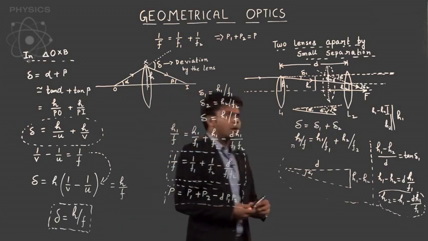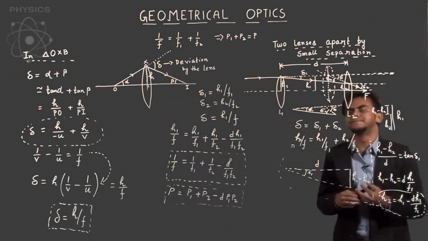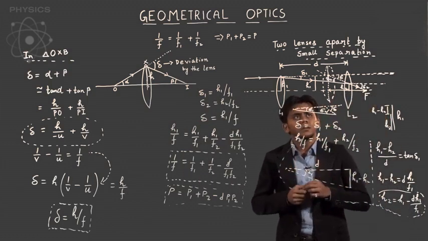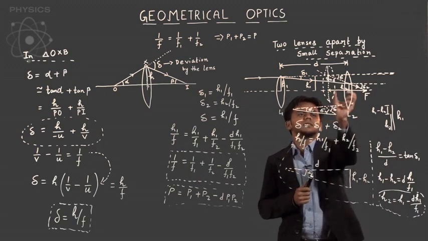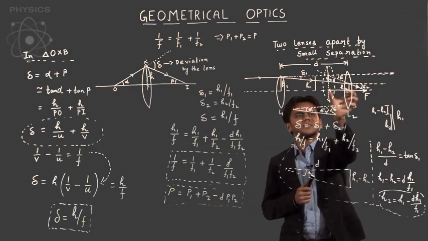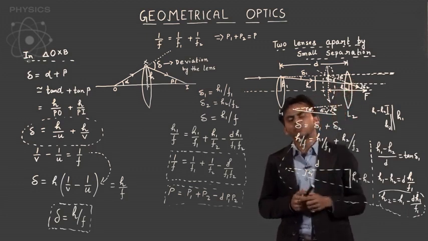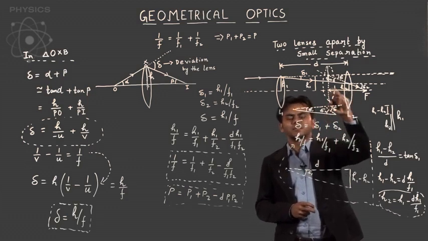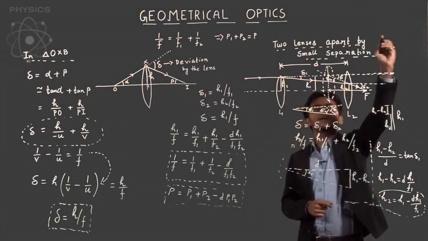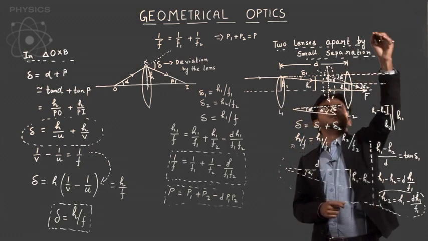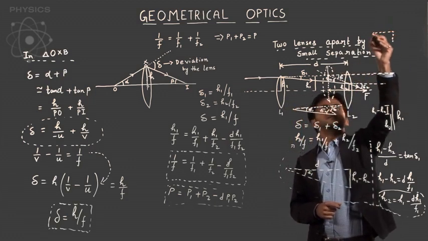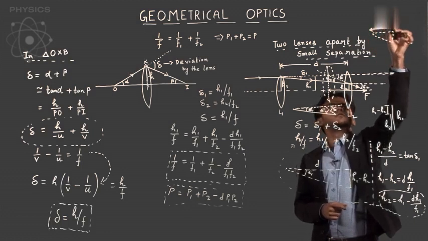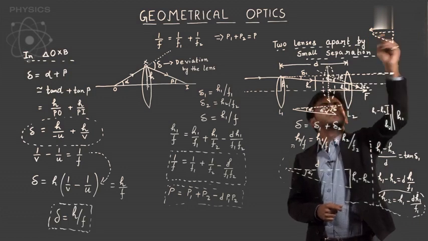Now, what exactly is the location of the lens? This is your location of the lens, this much, from the second lens, this measurement. If you go for the measurement of this value, let's draw the smaller triangle here. The smaller triangle is this one. This guy is the thing which we are interested in, right?